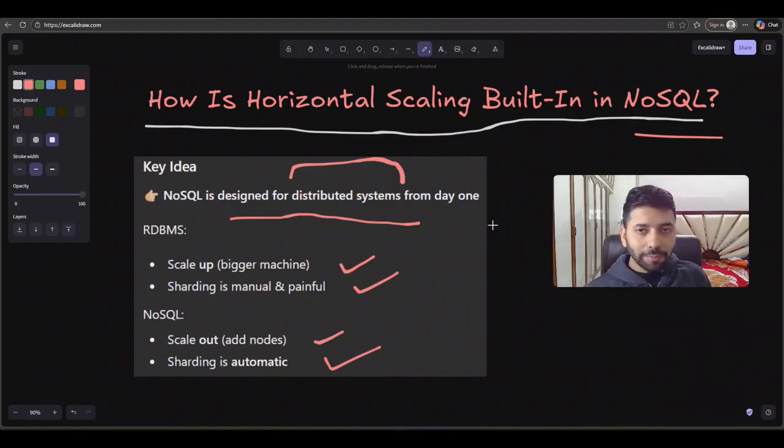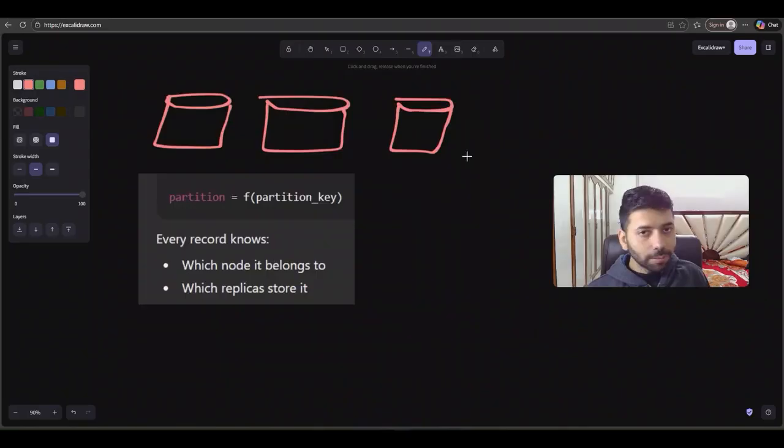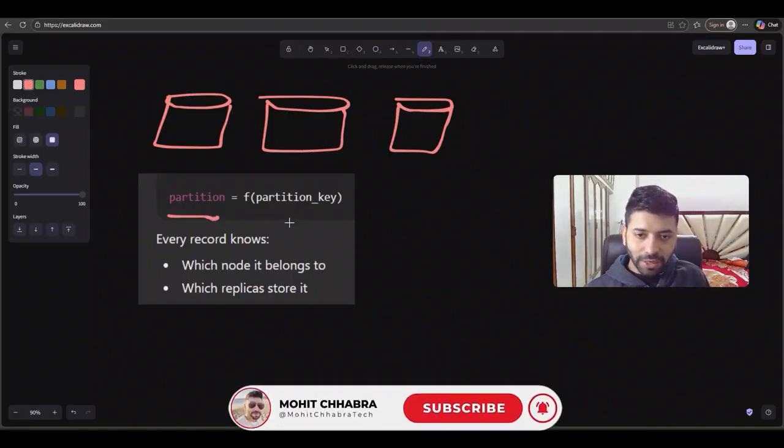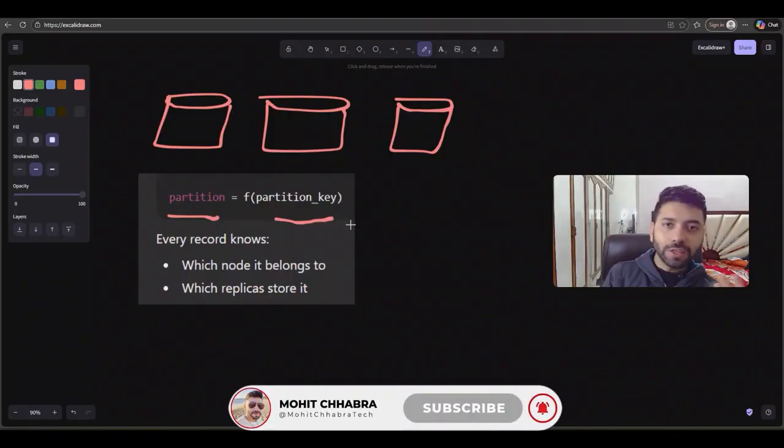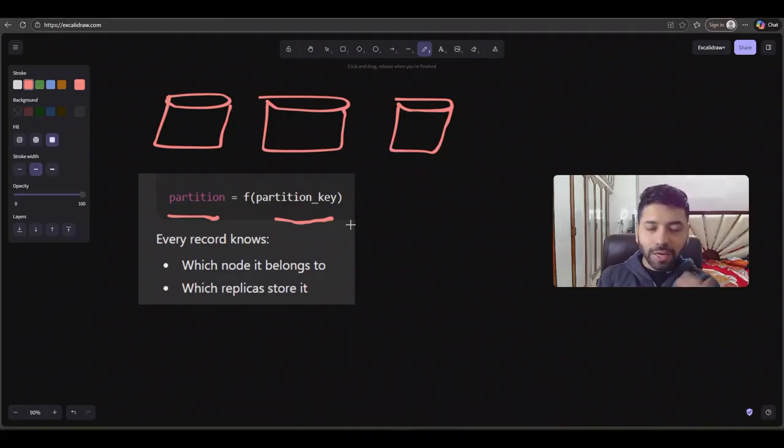So in NoSQL databases, partitioning is the core feature. Basically in NoSQL, you have nodes, okay? So we have multiple nodes in NoSQL, as partitioning is the basic or core feature of a NoSQL database. For example, we calculate the partition here using the partition key. Like the user ID can act as a partition key. It depends on what kind of partition key you are deciding.